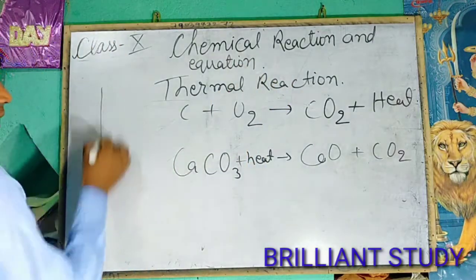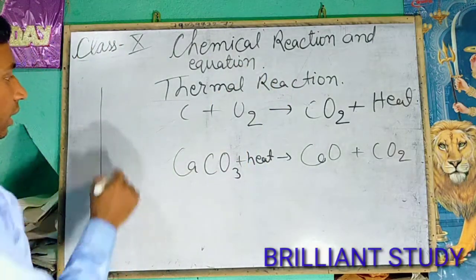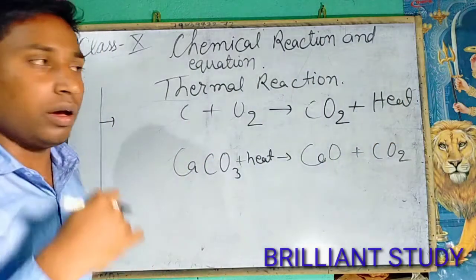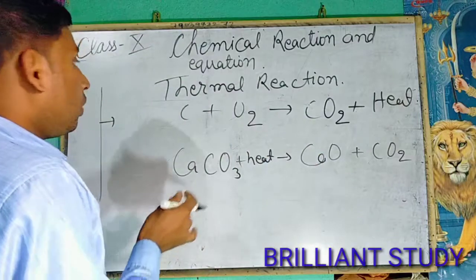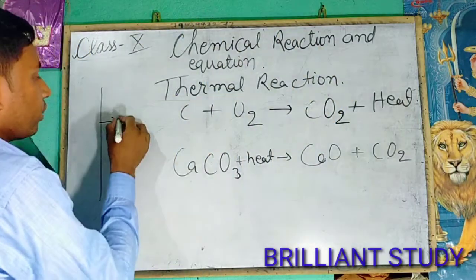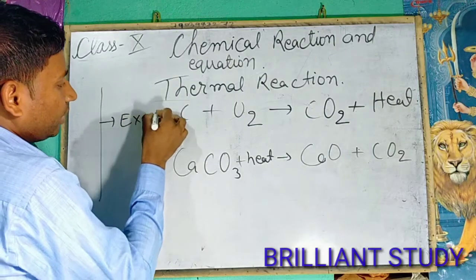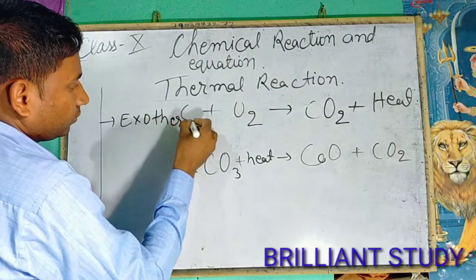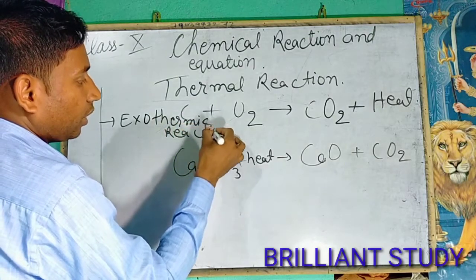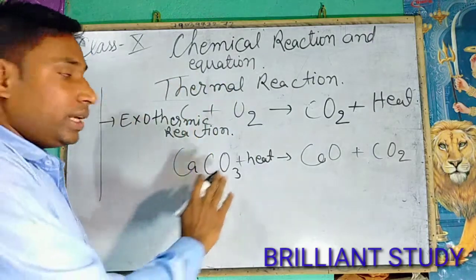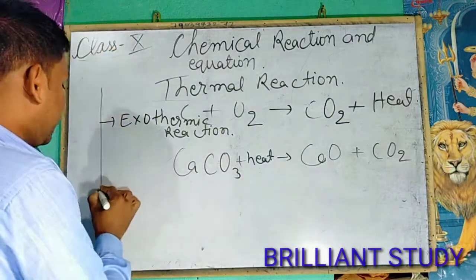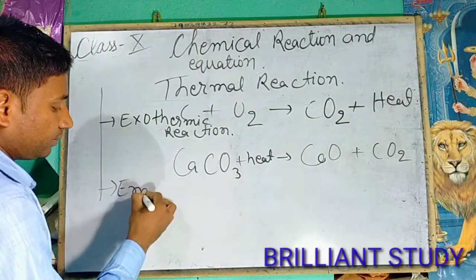Now, in the thermal reaction, when heat is emitted, that is called an exothermic reaction. But when in a chemical reaction heat is absorbed, it is called an endothermic reaction.